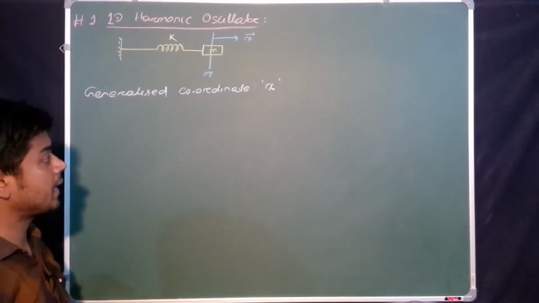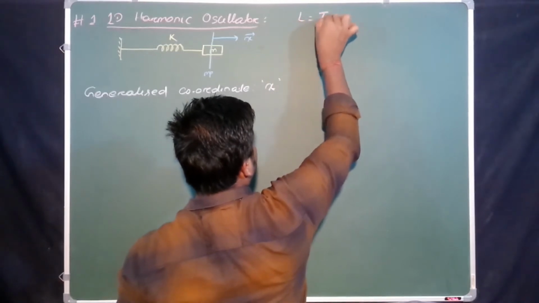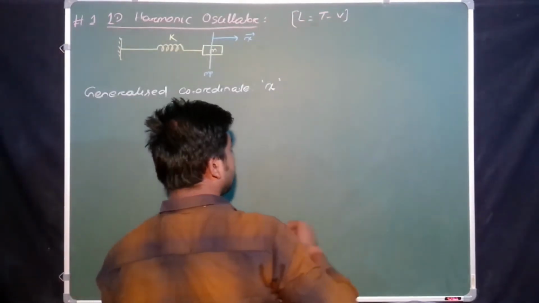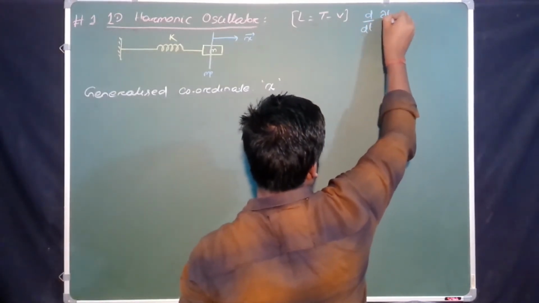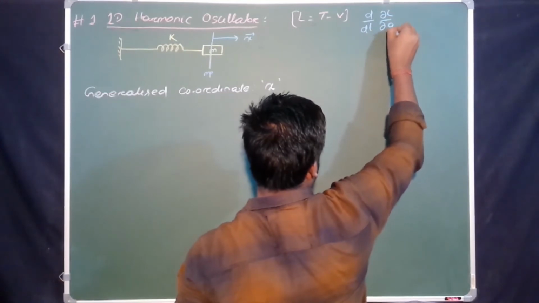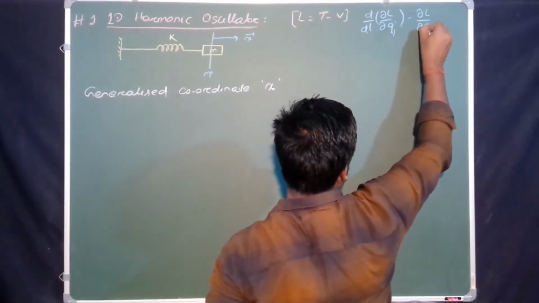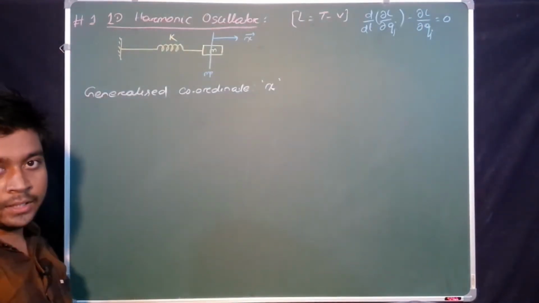The formula for Lagrangian is L equal to T minus V, and the Lagrangian equation of motion is d/dt of ∂L/∂q̇j minus ∂L/∂qj is equal to 0. This is the Lagrangian equation of motion.